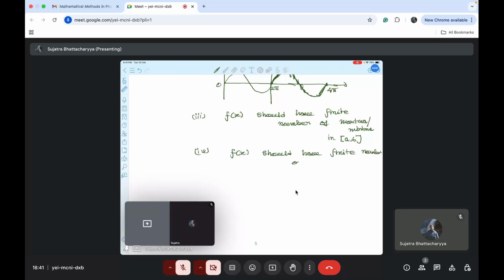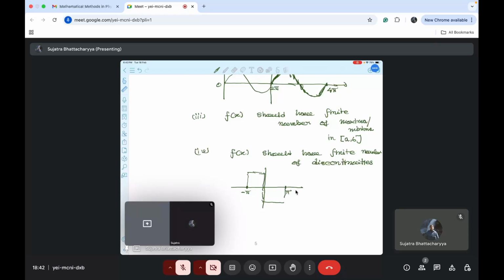So the important and powerful thing of this Fourier series is that it also can represent a discontinuous function, but it has to satisfy all other conditions like periodicity. Even a discontinuous function can be represented in sines and cosines, but it has to be a finite number of discontinuities. For example, a square wave function. Suppose this is minus pi, this is pi, and you have a function like this.